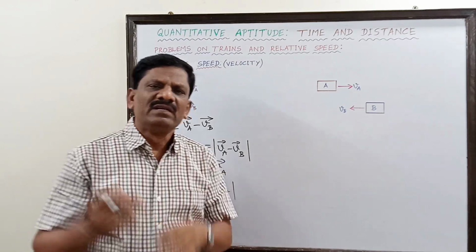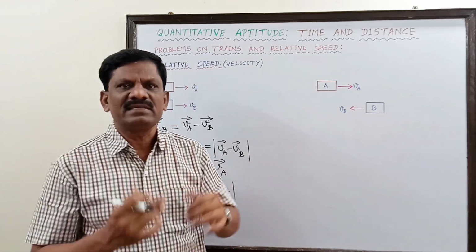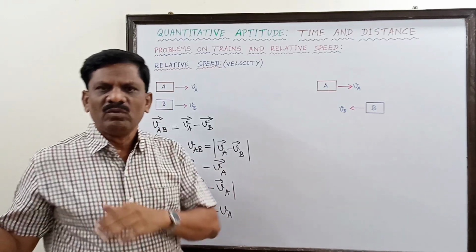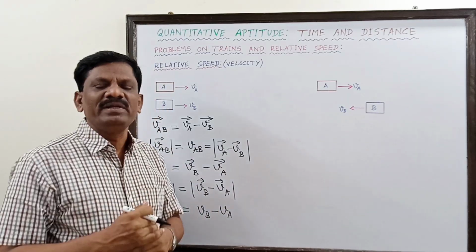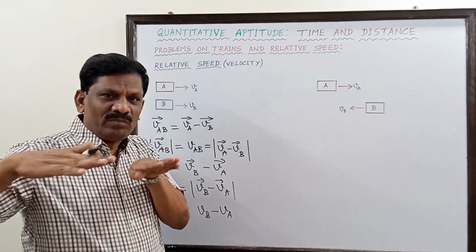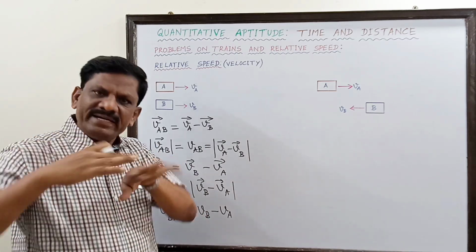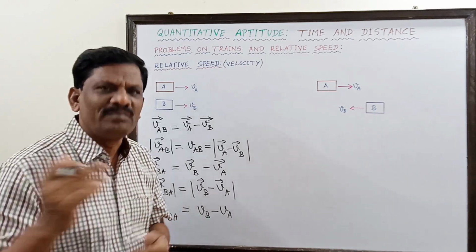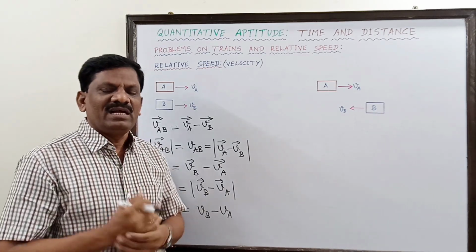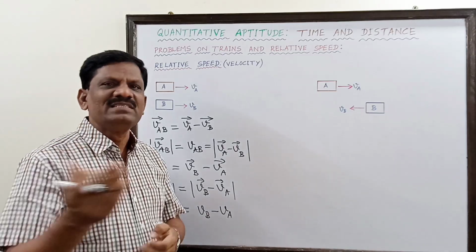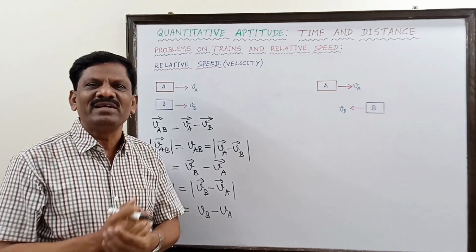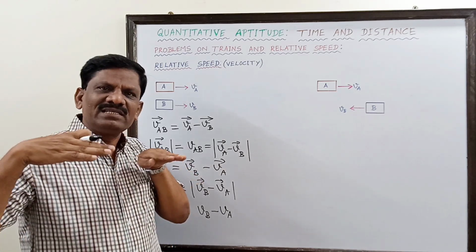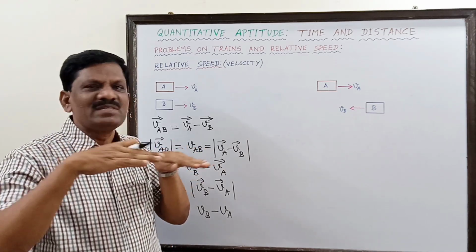Sometimes when we are traveling in a bus, if another bus is overtaking us with the same speed as our bus, then both the buses appear side by side at the same position. We feel as if the passengers in the other bus are at rest, and we appear to be at rest to them. This happens when both buses are trying to overtake one another with the same speed.